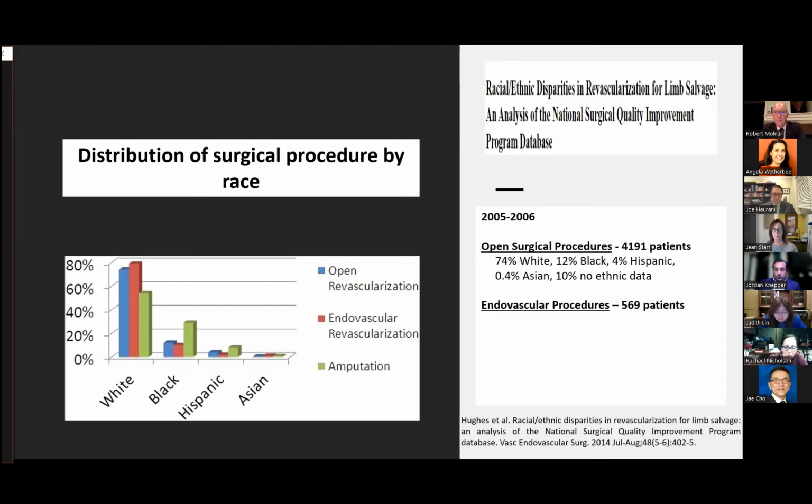A little over 500 had endovascular procedures with a very similar breakdown in ethnicity. But what was disturbing in the study is that of the 1,500 patients who had major amputations, there was a disproportionate amount of amputations among Black and Hispanic patients, with 29% of the amputations occurring in Black patients and 8% in Hispanic.